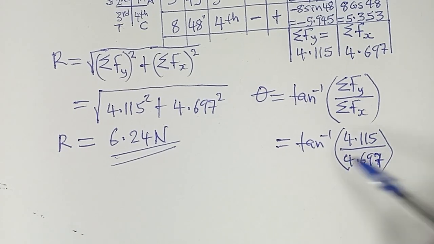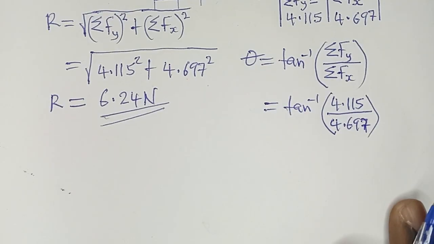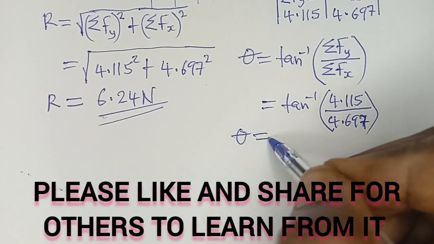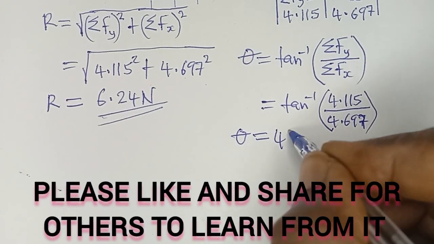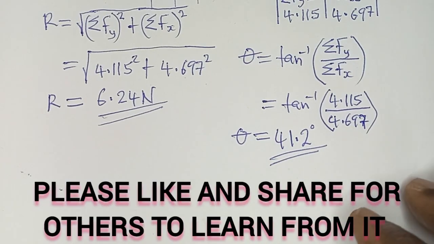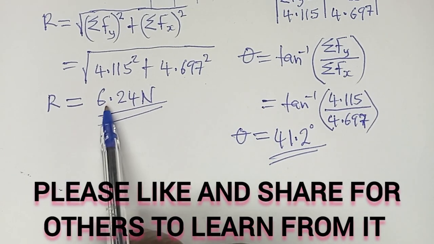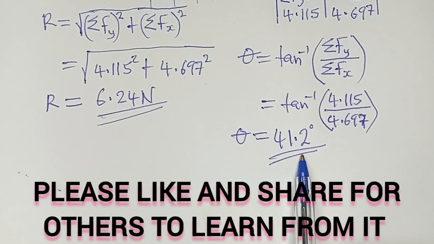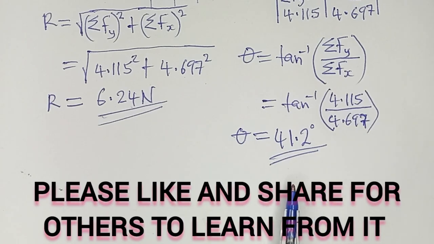When we divide this and take the tan inverse, it gives us 41.2 degrees as the angle. And that is the final answer. So the resultant is 6.24 Newton, and this is the angle through which the resultant acts.